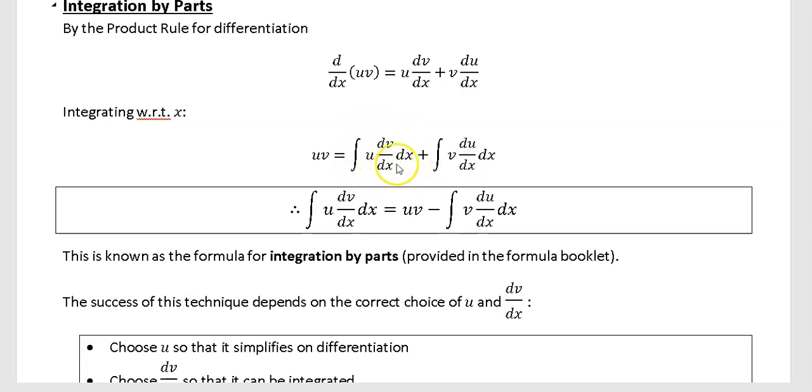Making this bit the subject, you arrive at the formula: the integral of u dv by dx with respect to x is uv minus the integral of v du by dx with respect to x.